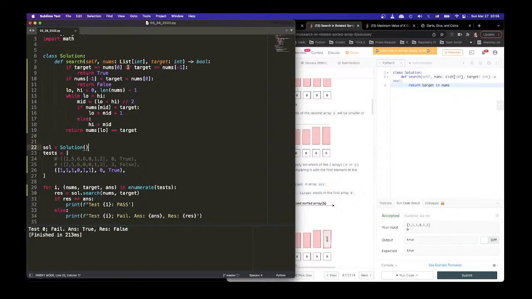Hold on, let me see. Because in that case, when we have a mid, it's not going to be the same as the left. It's not going to be the same as the right. Okay, so we get a mid. If it's larger than the left, that must be on the left-hand side.